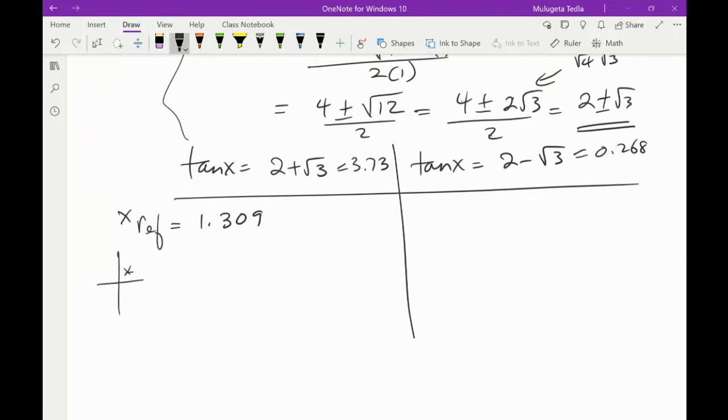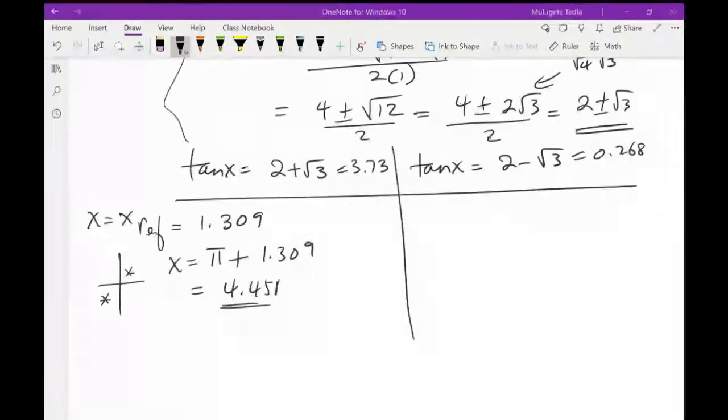Where is the tangent positive? Tangent is positive in the first quadrant and the third quadrant. So the other angle becomes pi plus your reference angle, 1.309. So it would be 1.309 plus pi, and I got 4.451.